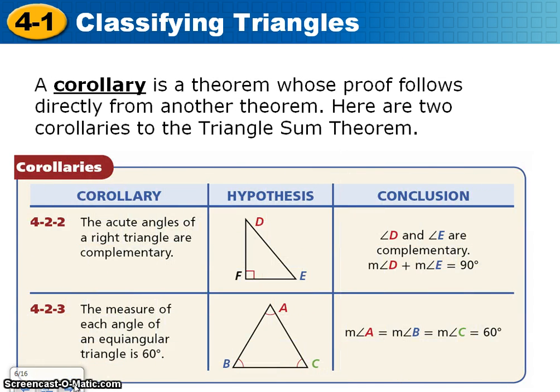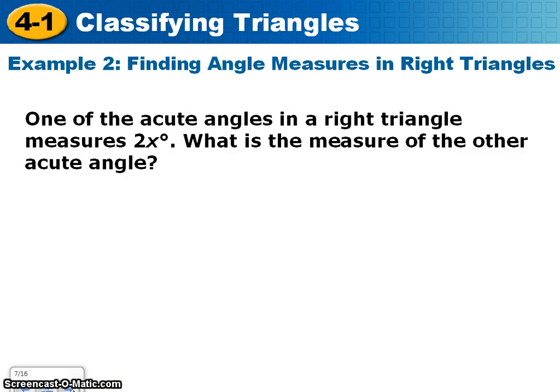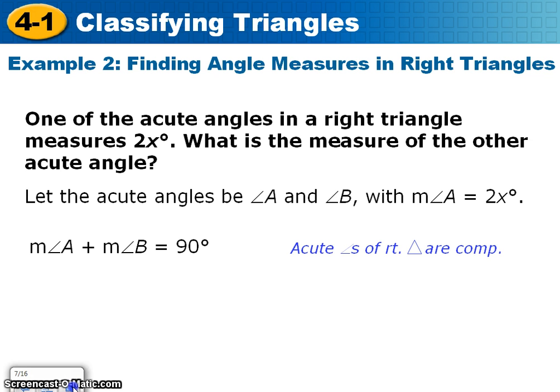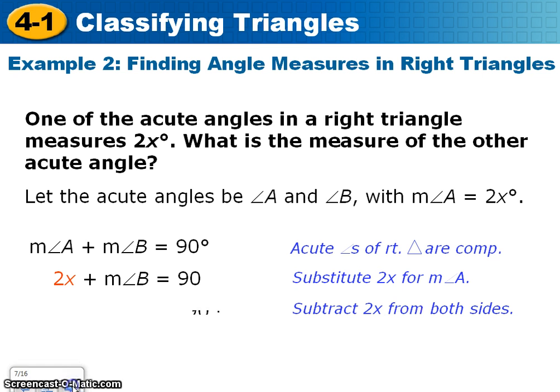And now we're going to use the corollaries that we talked about: the acute angles of a right triangle are complementary, and the measure of each angle of an equiangular triangle is 60 degrees. In this case, one of the two acute angles in a right triangle has a measure of 2x. The measure of the other acute angle is going to have to be 90 minus 2x.